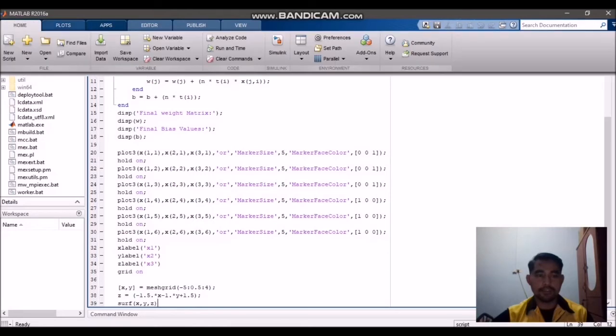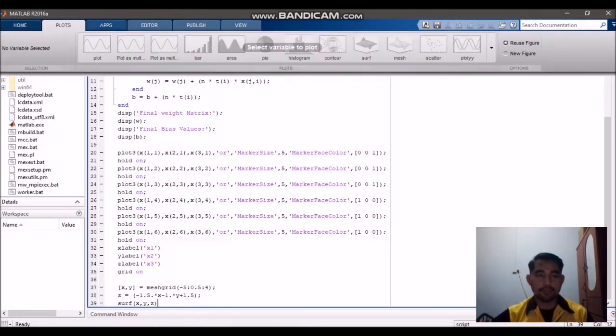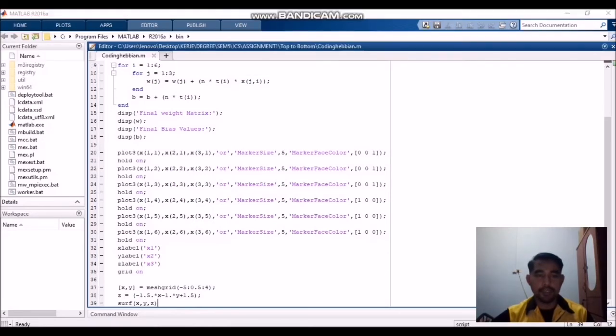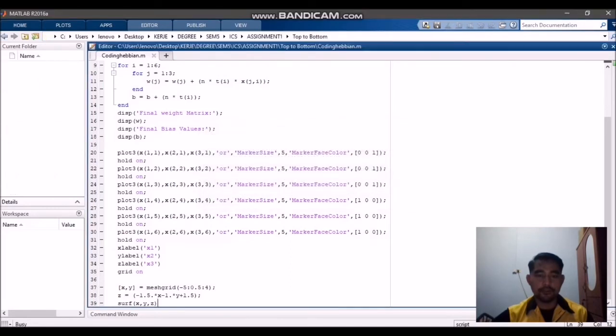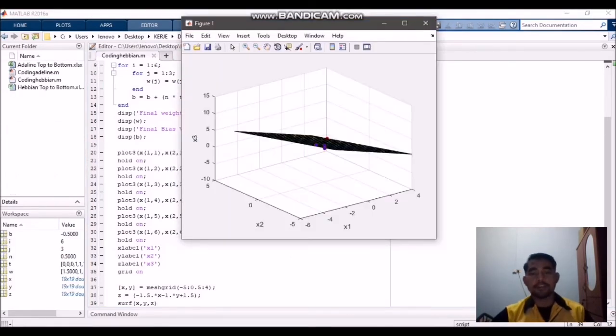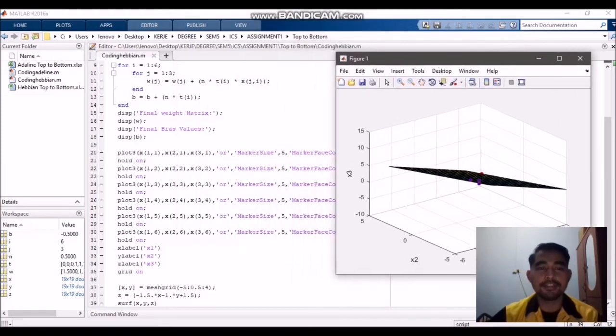So let me show the simulation and change folder. Okay, so this is our result from our command.